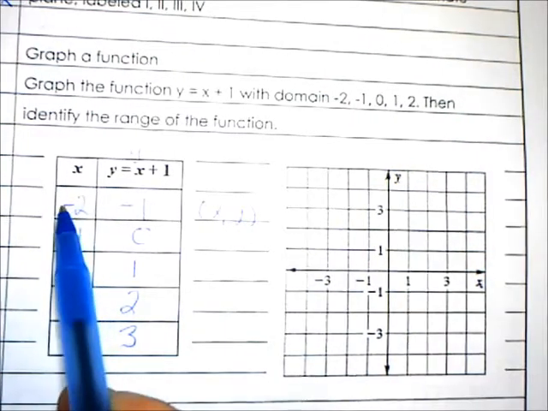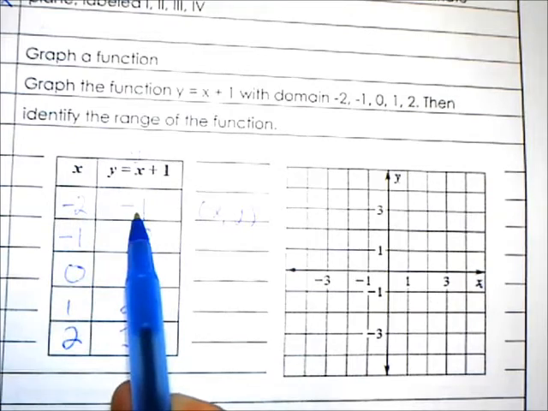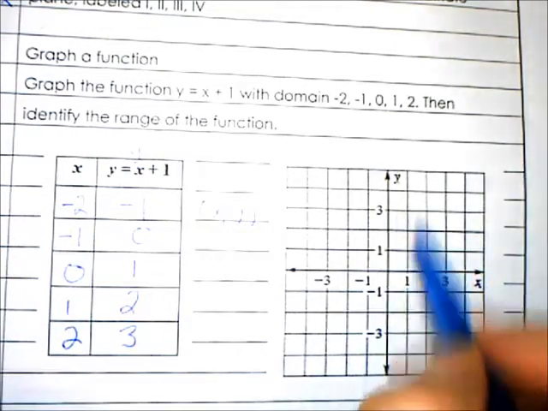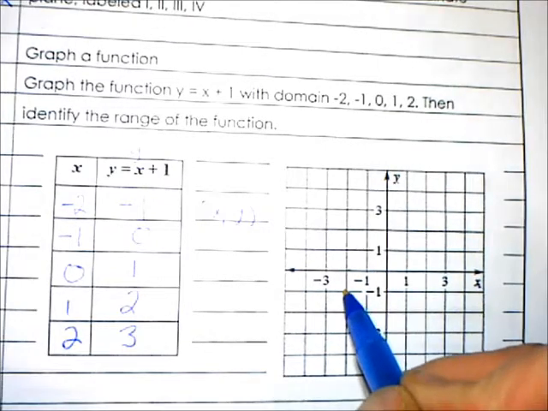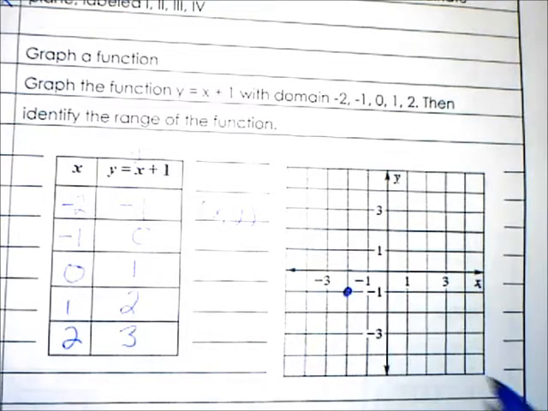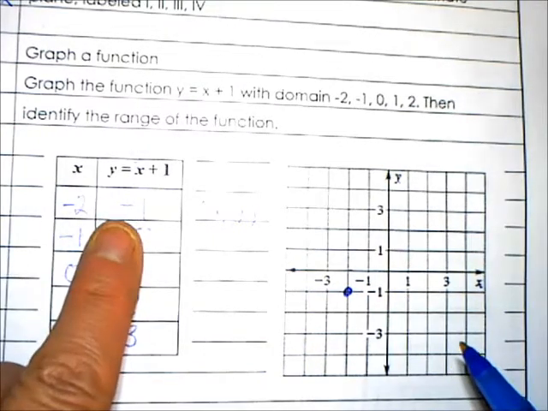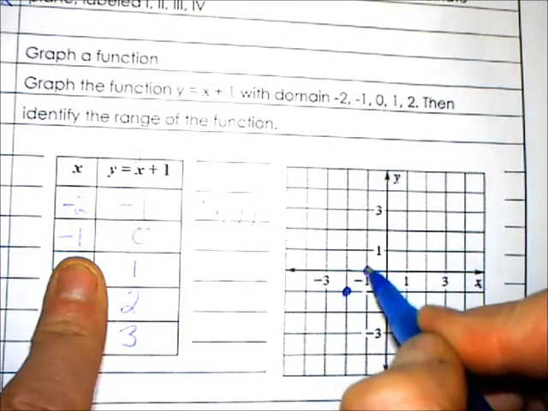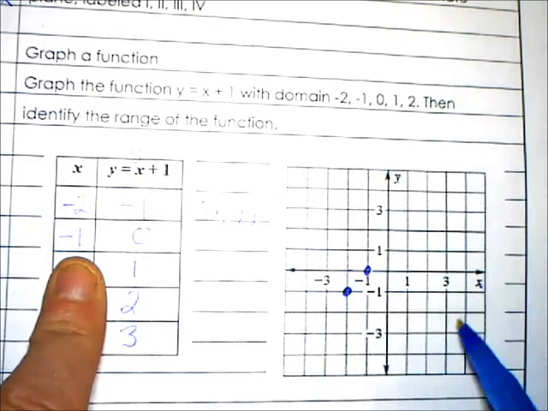My first coordinate is -2, -1, so -2 on my x-axis tells me from the center I'm going to go left and then down 1, and that'll be my first point right here. My next one is -1, 0, so I'm going to stay right there on the x-axis.